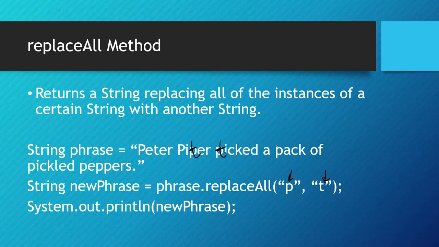This t would be changed, this t, this t, this t, and that t, right? Notice the capital P on Peter would not change because we're only changing lowercase p's. So my new phrase would be "Peter Pitter ticked a tack of tickled tetters" is what I would print out.